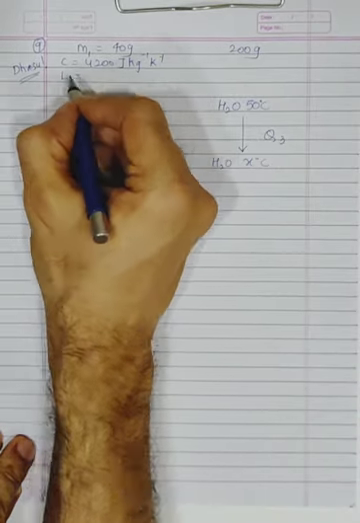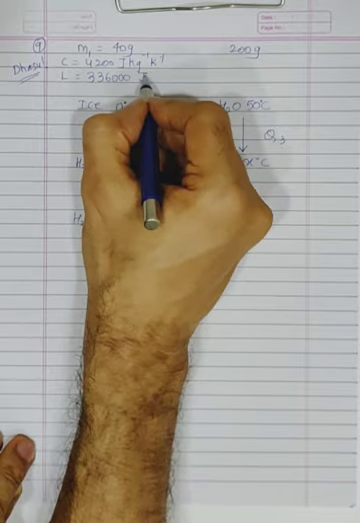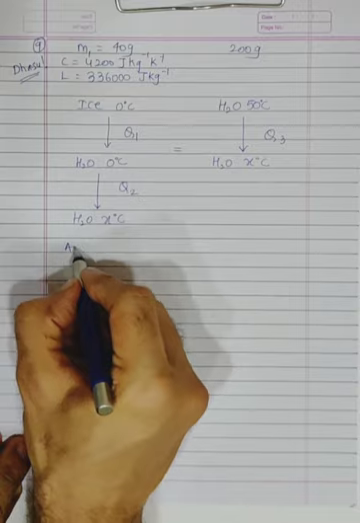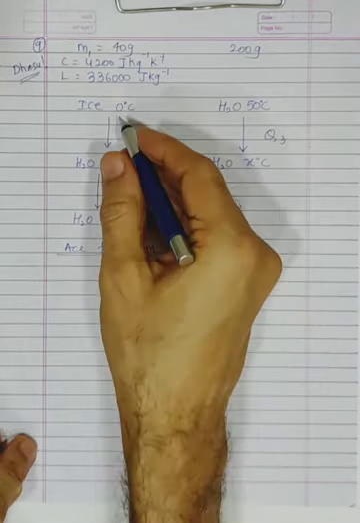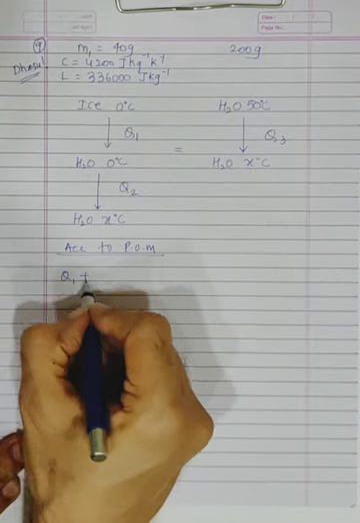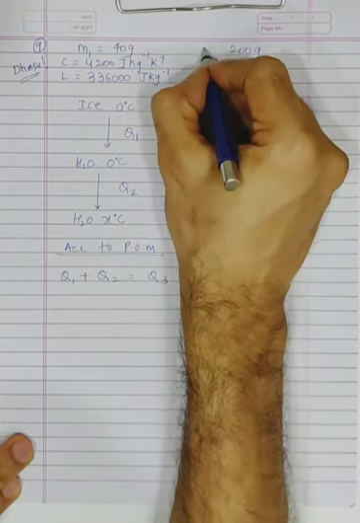The latent heat is given as 336,000 joule per kg. So guys, according to POM, principle of mixtures, heat gained by ice is equal to heat lost by water. So I can say Q1 plus Q2 is equal to Q3. That's your M2.